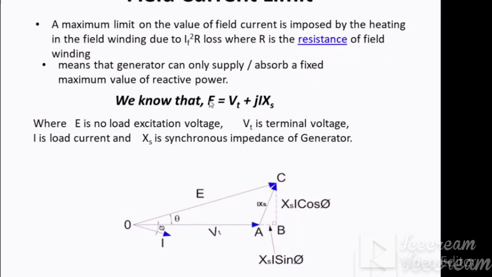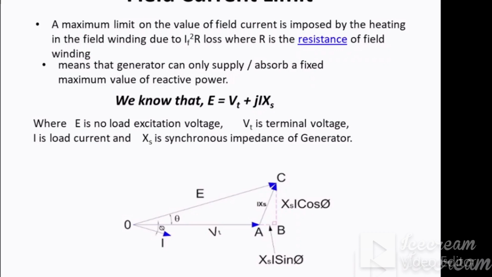Now we know that E is equal to Vt plus j I Xs. This is actually the total amount of induced EMF in the armature conductors. So here E is the no load excitation voltage and Vt is the terminal voltage.